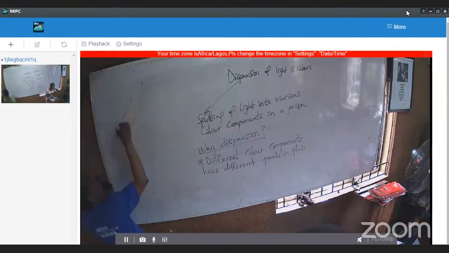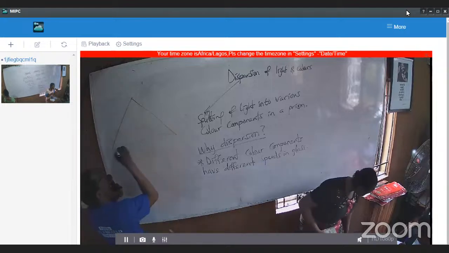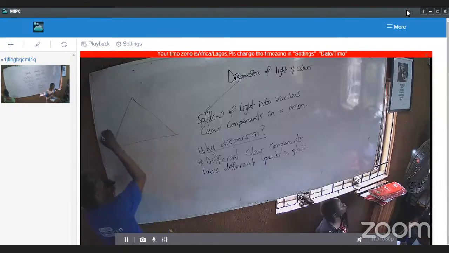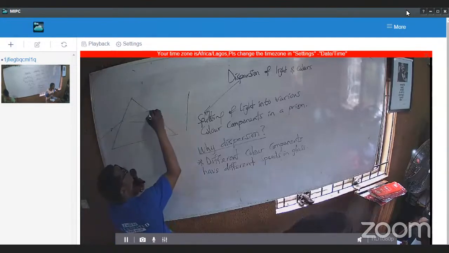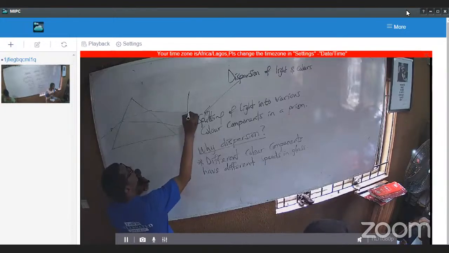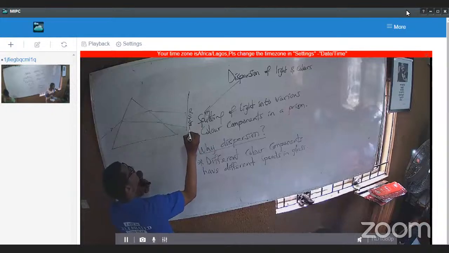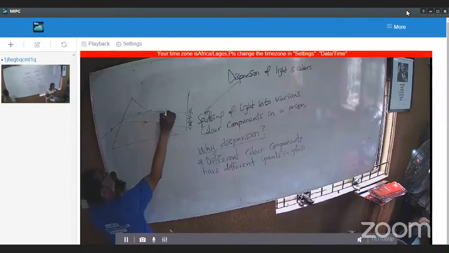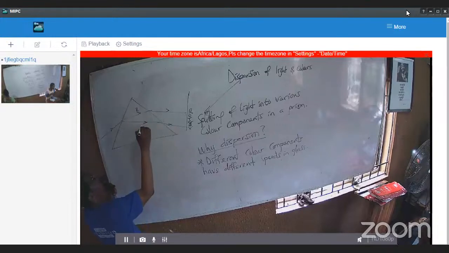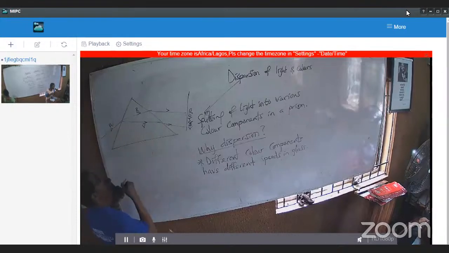So when white light is coming, it splits into seven colors. We have ROYGBIV: red, orange, yellow, green, blue, indigo, violet.